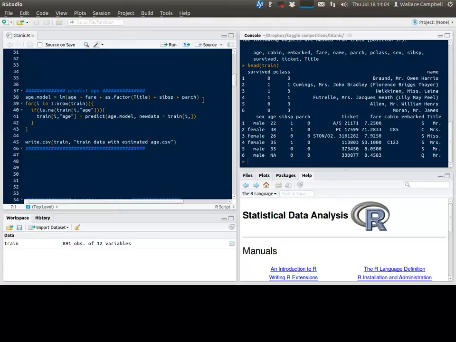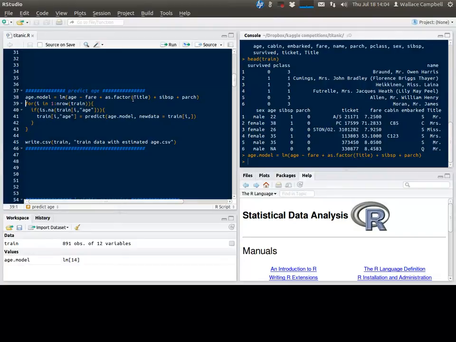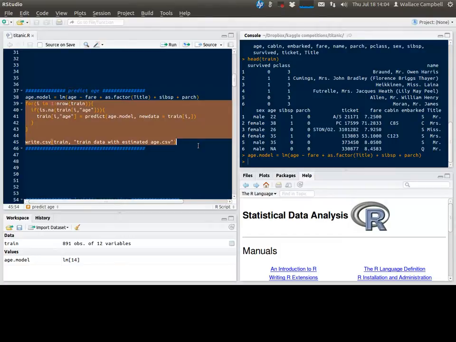So the first thing, we're going to want to predict age, and we're just going to do a linear model using these variables to predict age. And then we're going to go through the training data set, and where age is NA, we're going to use our model to predict what it would have been. And then I created a new data set.